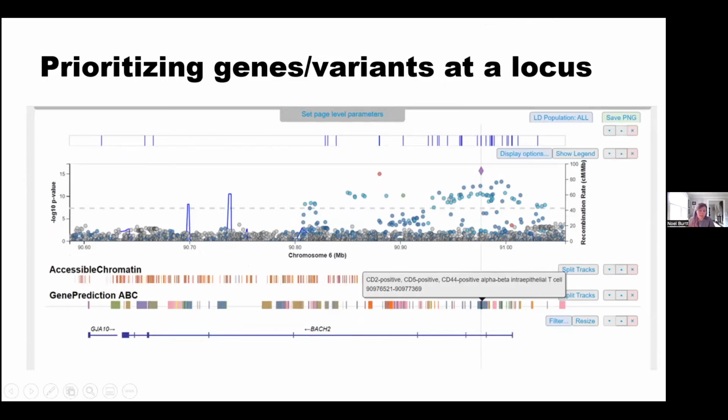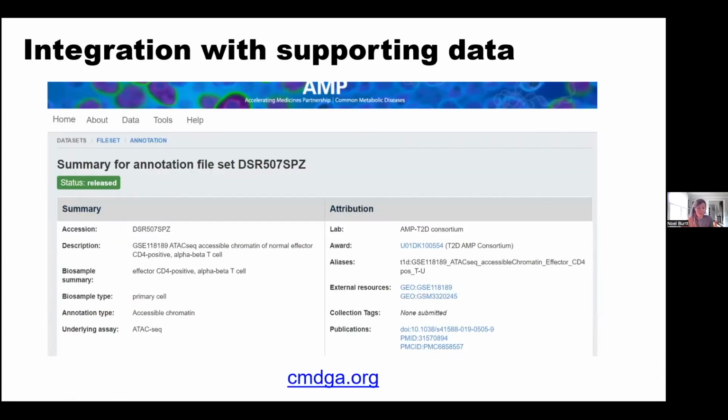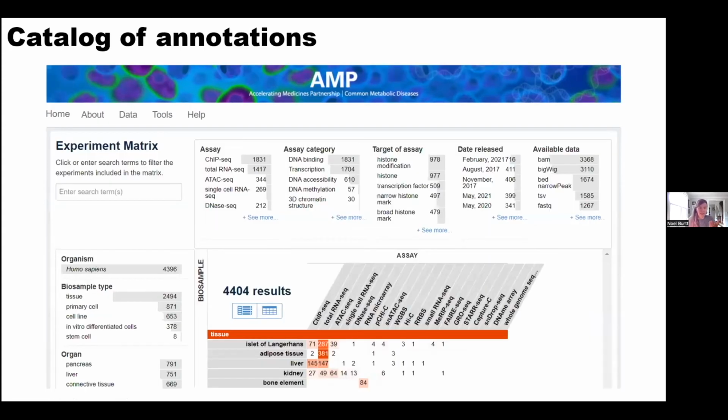What I love about this feature is the ability to link it to the underlying data. For this particular variant, it overlaps with an annotation, and you can see the data and relevant publications. I think that's really lovely, and this allows you more detail about the supporting annotation.